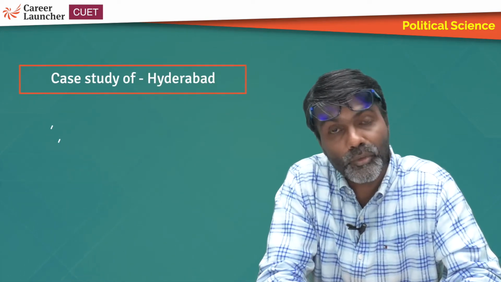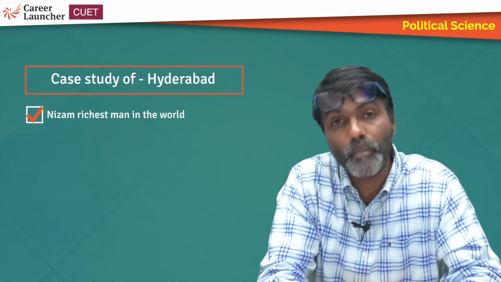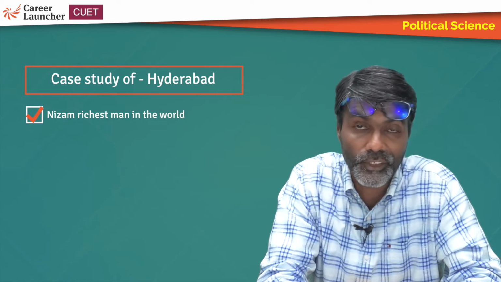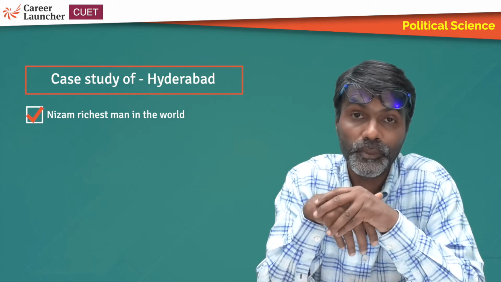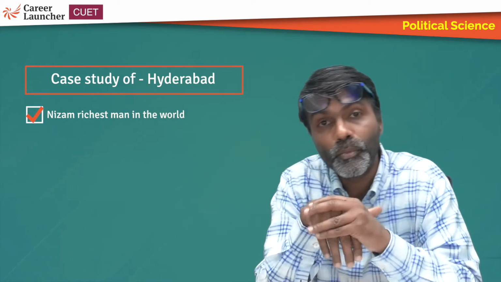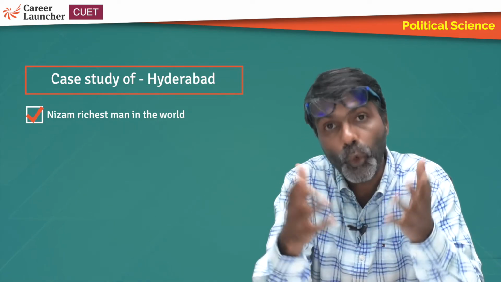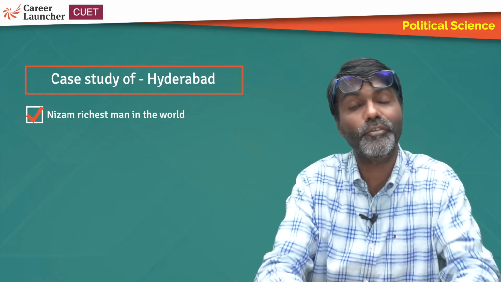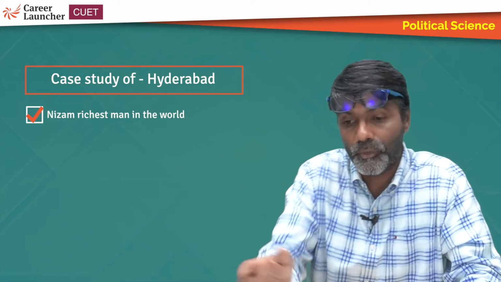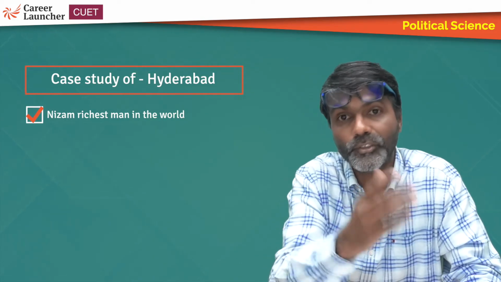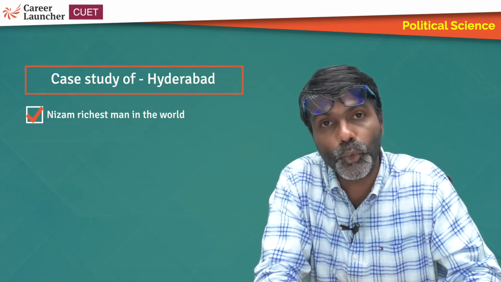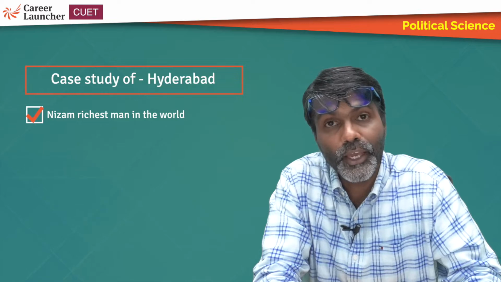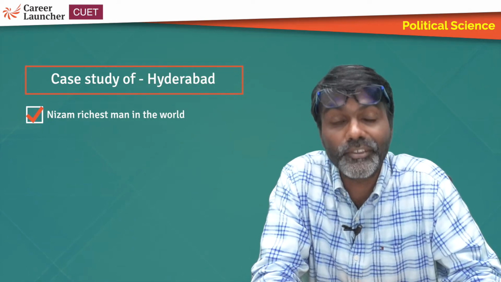Did you know that the Nizam of Hyderabad at that time was the richest man on the face of the earth? This is a very interesting case study or an anecdote. He went to the showroom of a very noted automobile company in London, and the way he dressed himself, people were disrespectful to him, and then they asked him to go out of the showroom. And he was the Nizam of Hyderabad. He ordered half a dozen of those brands.